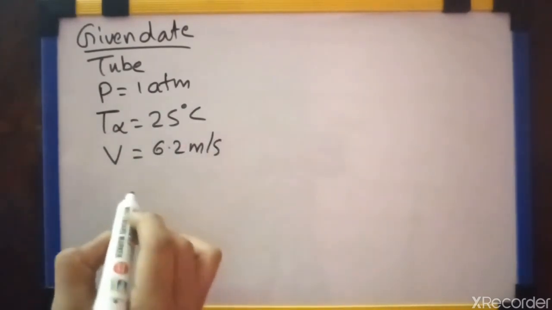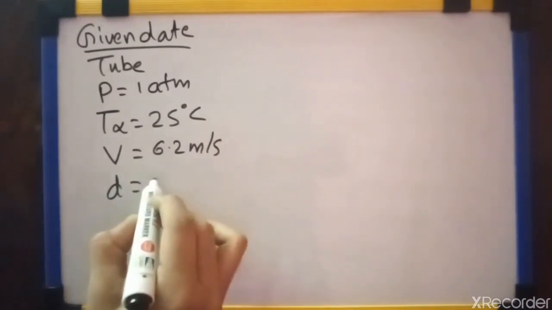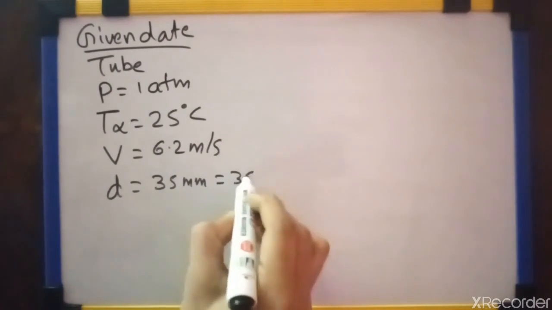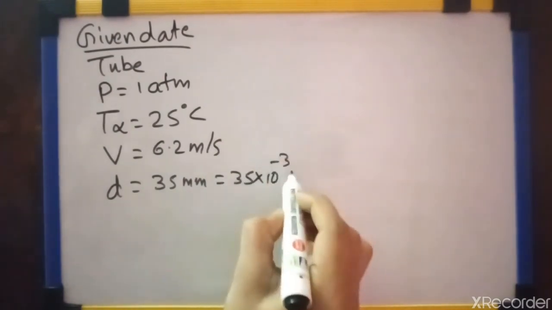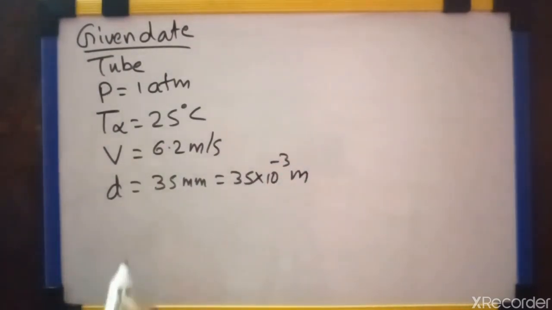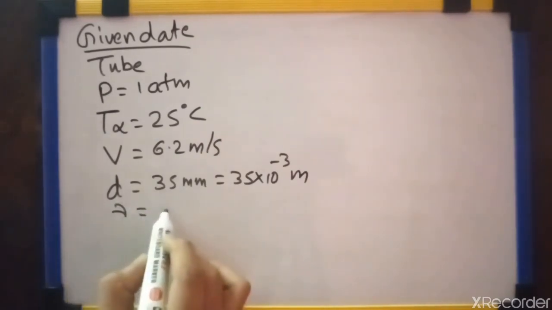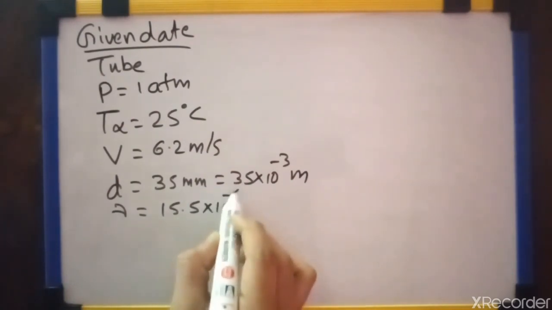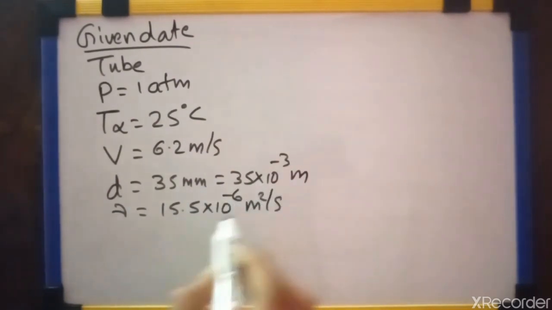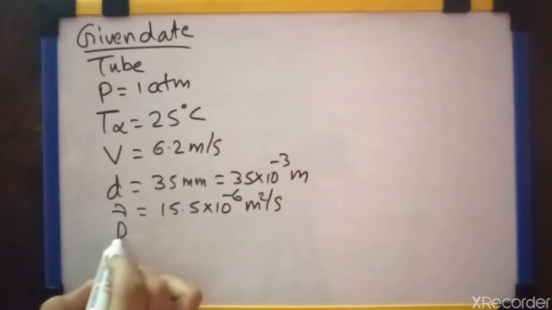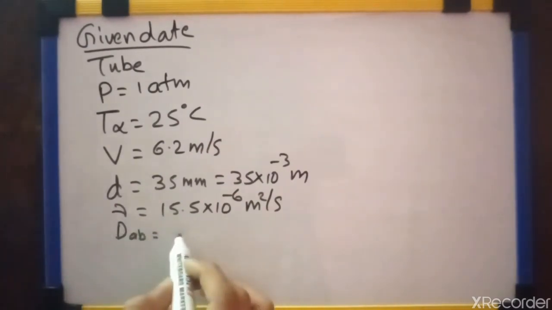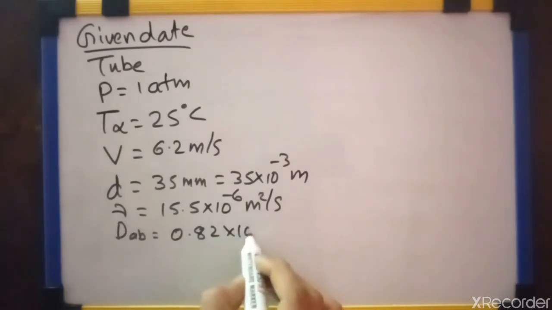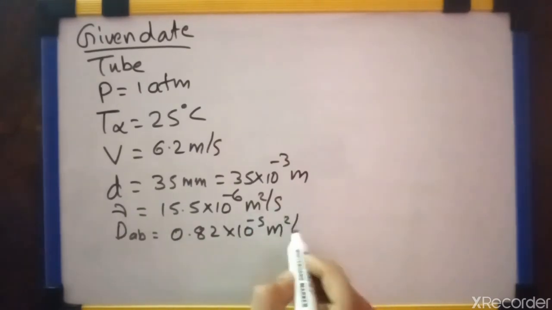The diameter of the tube D is equal to 35 mm, which is equal to 35 into 10 raised to minus 3 meter. Kinematic viscosity nu is given as 15.5 into 10 raised to minus 6 meter square per second, and DAB is given as 0.82 into 10 raised to minus 5 meter square per second.